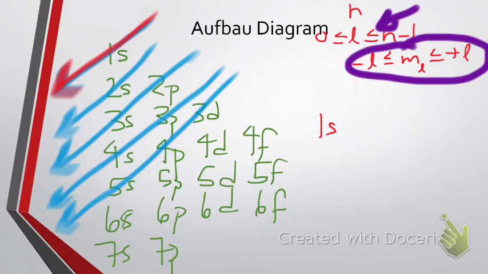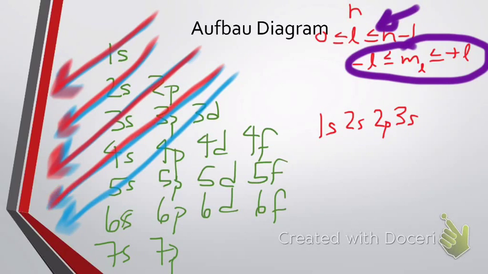The next one passes through 2s. Then comes 2p and 3s. Then goes 3p, 4s. But now when we start back here, it's 3d.